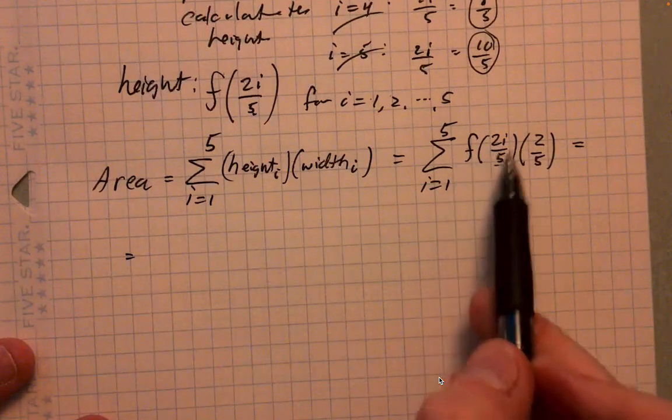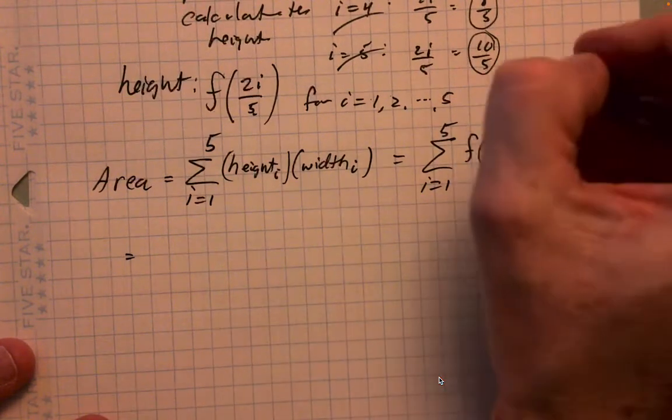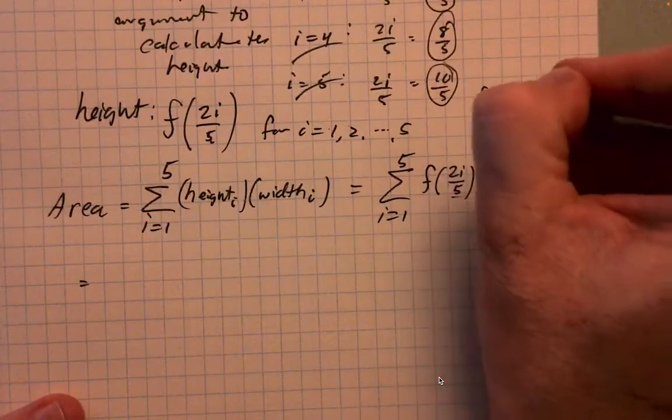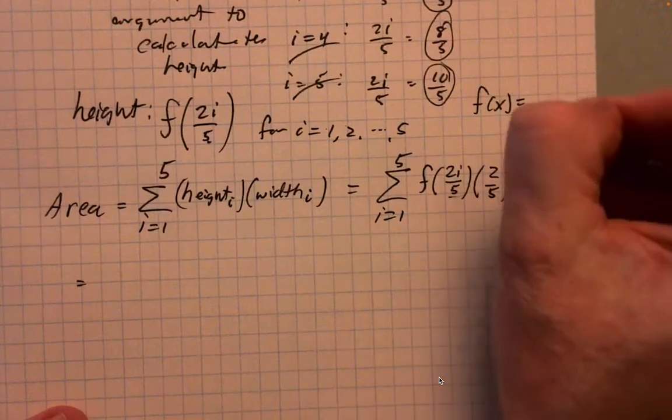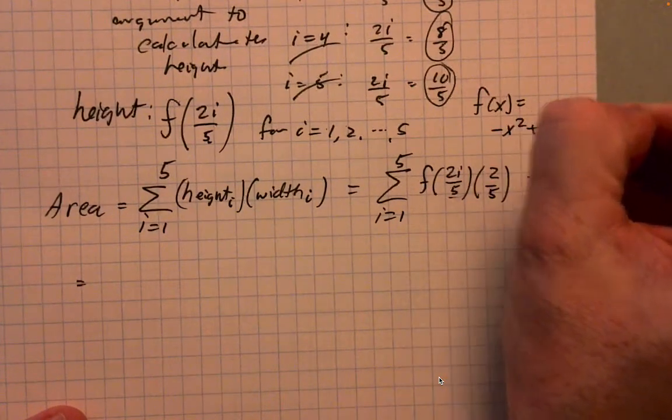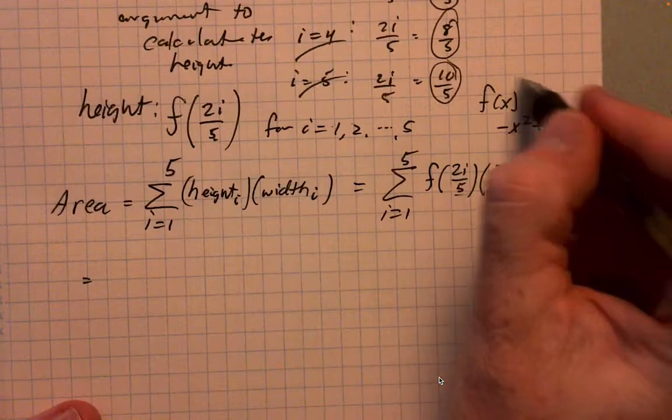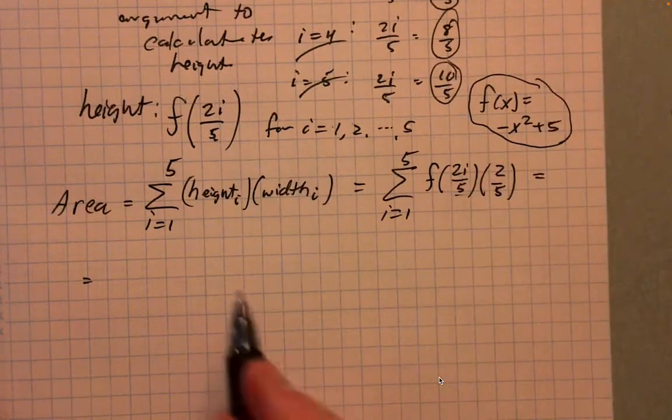Now, f of 2i over 5. Remember the function f of x was equal to negative x squared plus 5. So we have to remember that. That's the actual function.